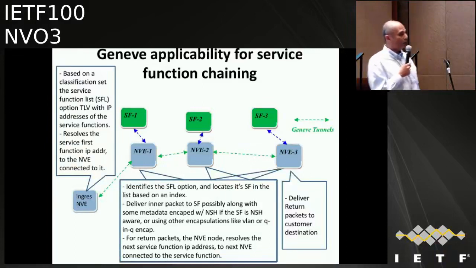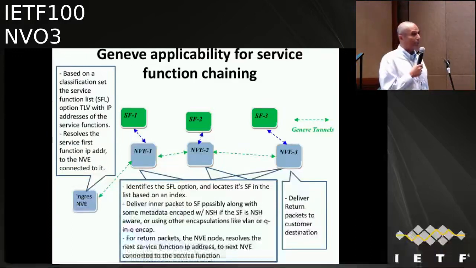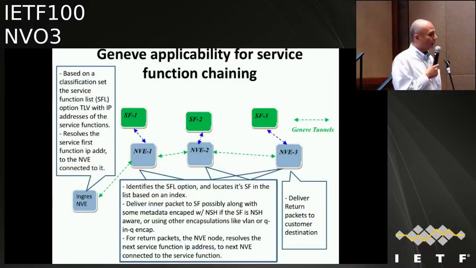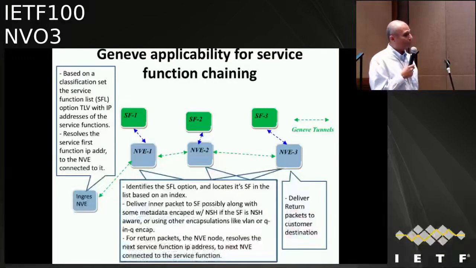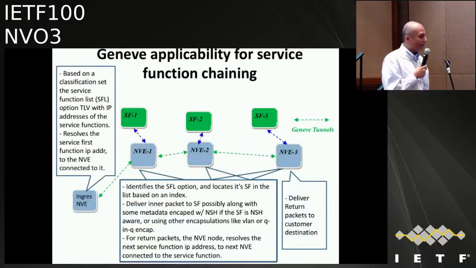And the return packet, when it comes, can find in the service function list the next service function to go to, resolve it again to another Geneve tunnel, and the path goes on. Of course, if multiple service functions are hosted within the same service function forwarder or NVE, then the service function forwarder has the intelligence to send to the different service functions.